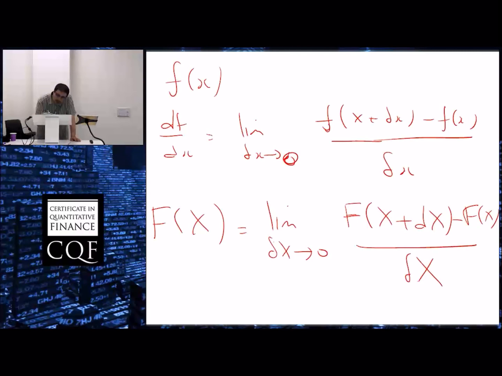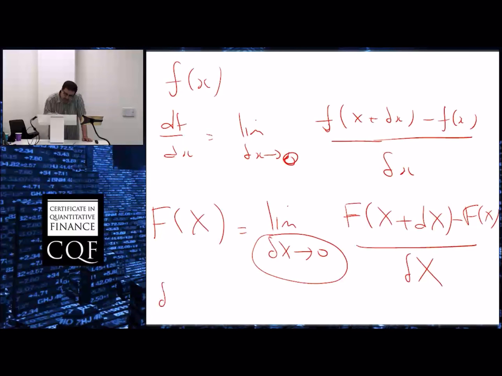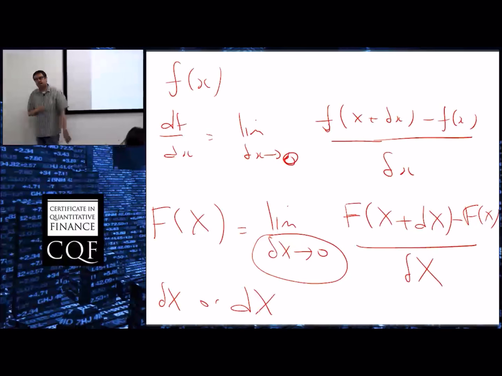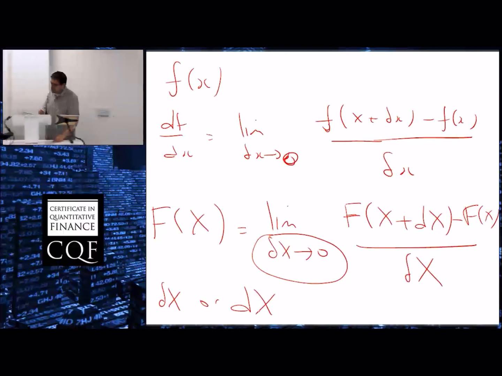The problem really lies here. So whether we say delta x or dx, the problem with this is of size root dt.